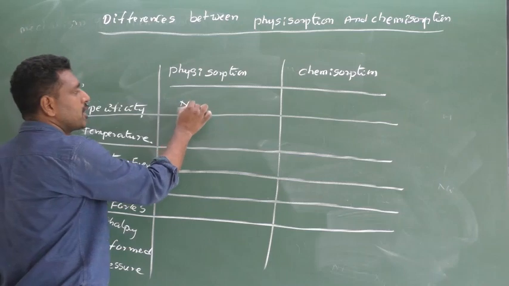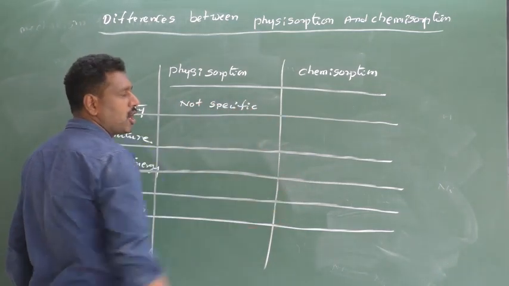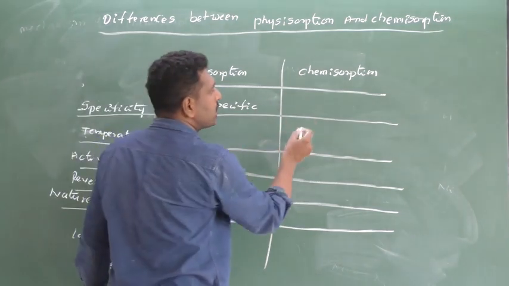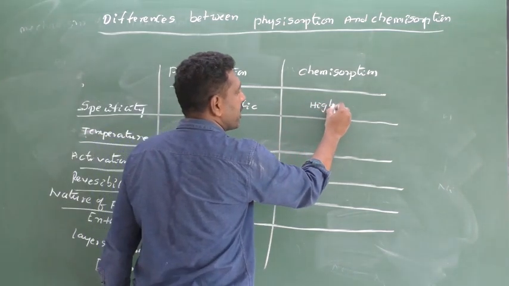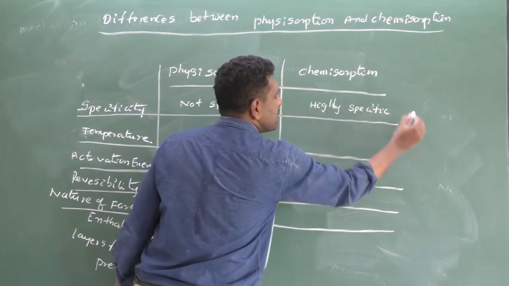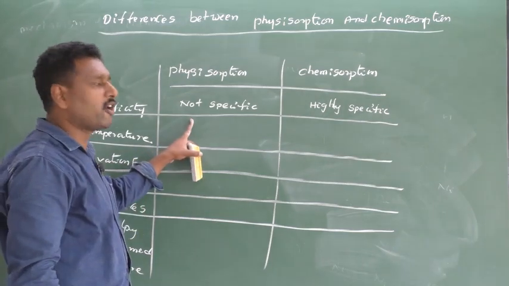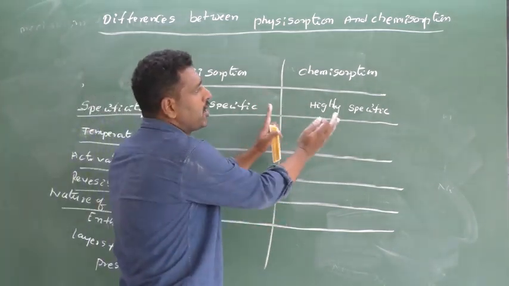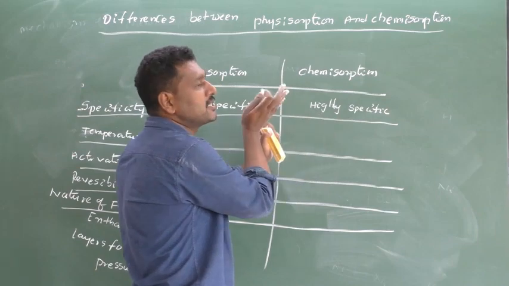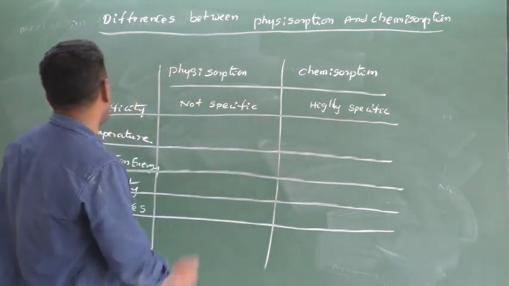Physical adsorption is not specific, but chemical adsorption is highly specific. What does specificity mean? Physical adsorption is formed without any condition, but chemical adsorption forms only if a chemical bond is formed. That is highly specific.